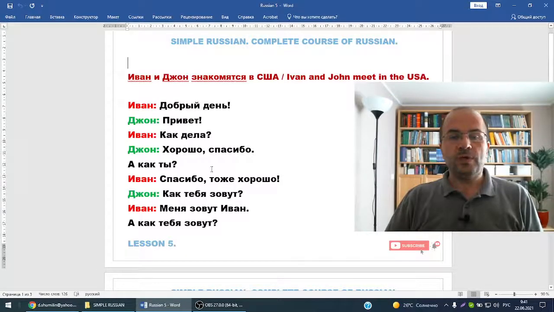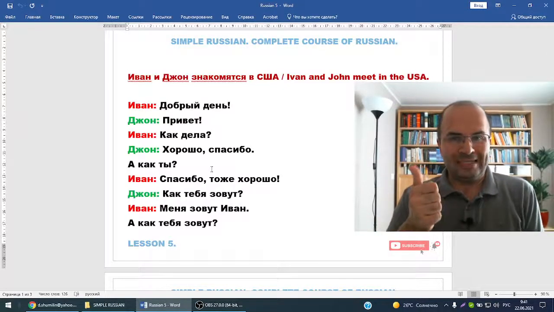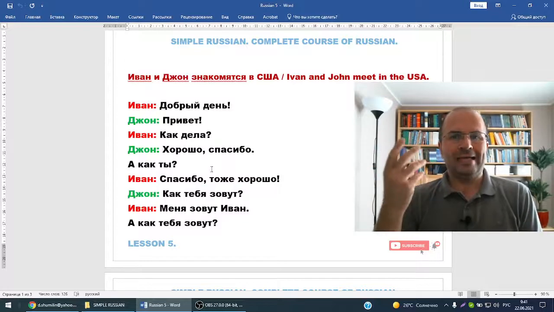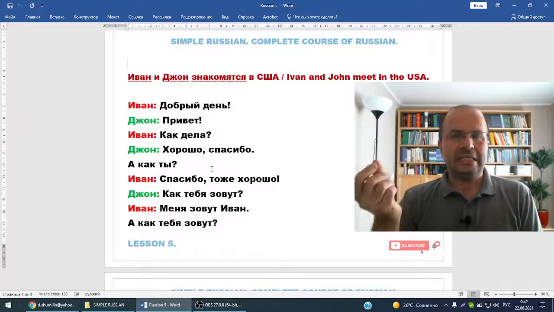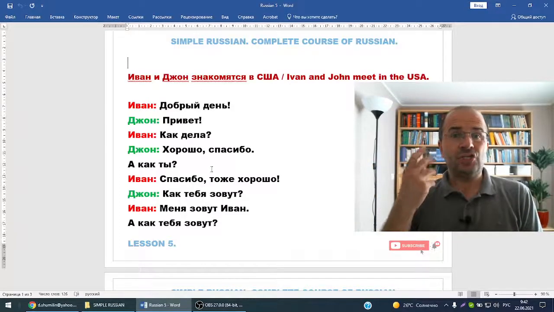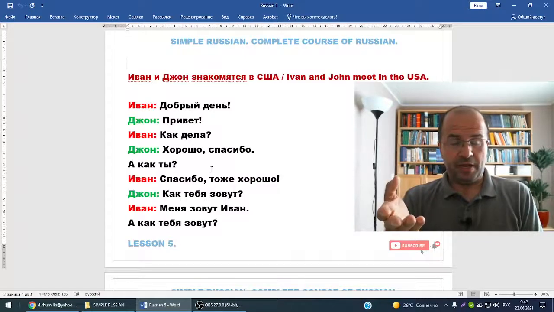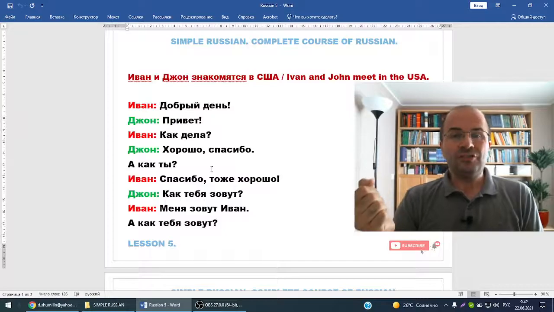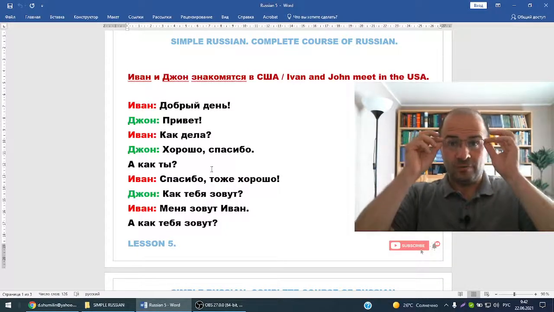Also, we've learned some verbs, in particular, работать. Я работаю, ты работаешь, он работает, мы работаем, вы работаете, они работают. The verb жить, to live, which you can conjugate right now, and check the previous lessons. And the verb путешествовать, which means to travel.